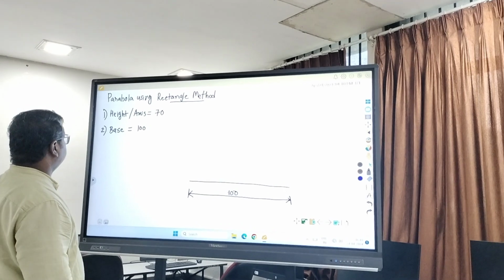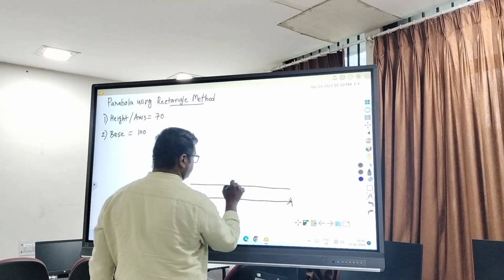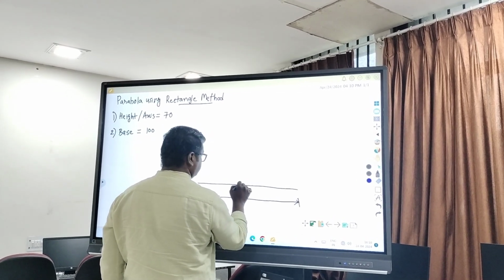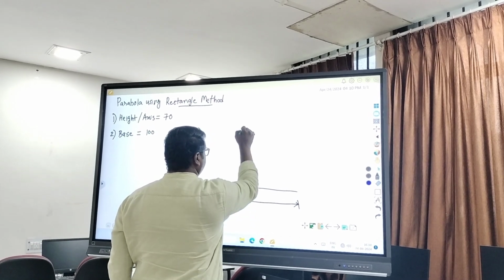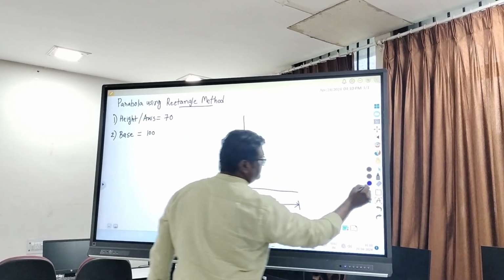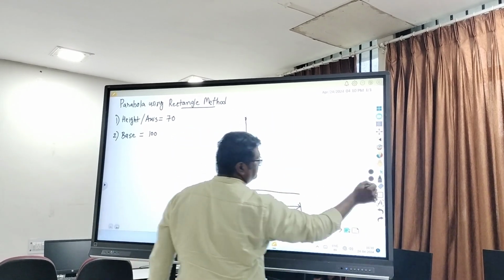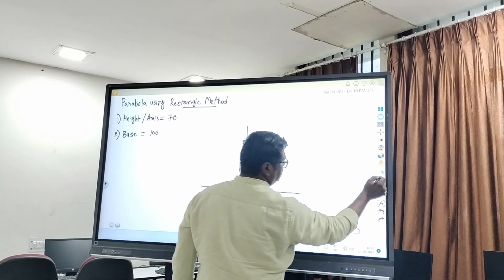Now we need to draw the axis of the parabola. The axis we have to draw from the center of this base length. So select the center of the base and draw a vertical line having 70 mm length, 70 unit length.